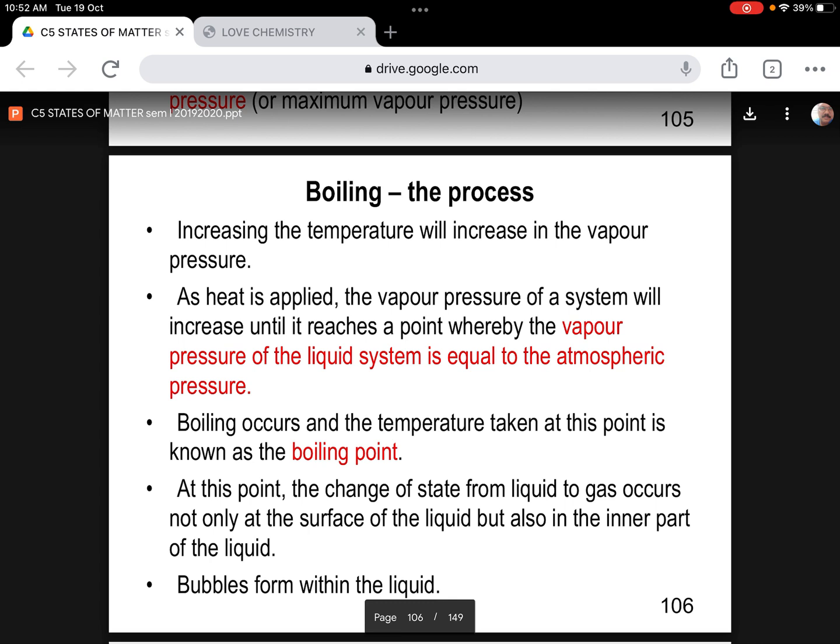This is the main difference between evaporation and boiling. Evaporation or vaporization occurs only for the molecules at the surface, while in boiling, the process occurs not only at the surface but also within the liquid.